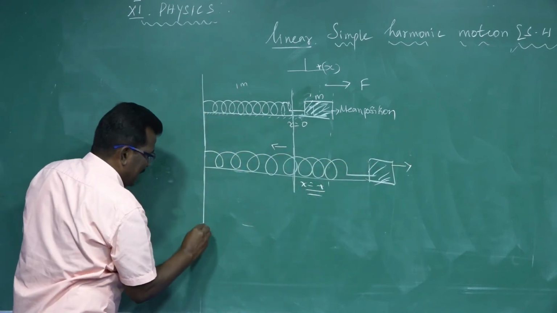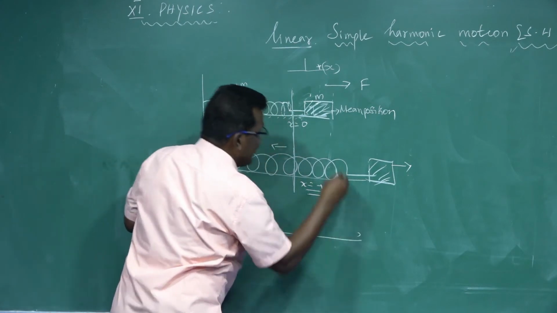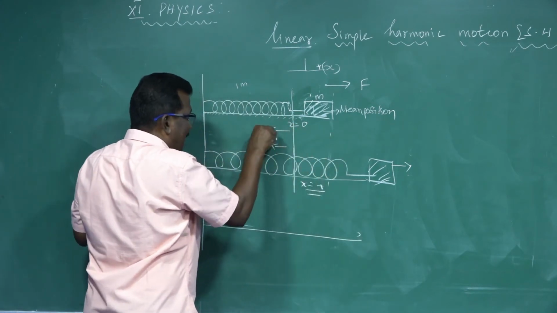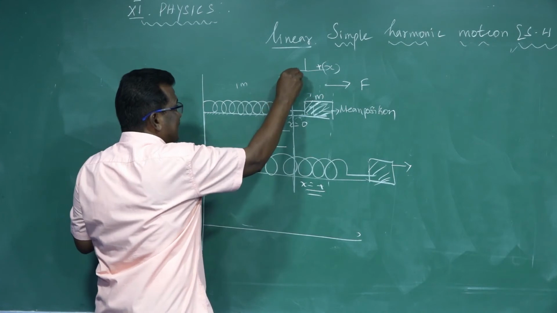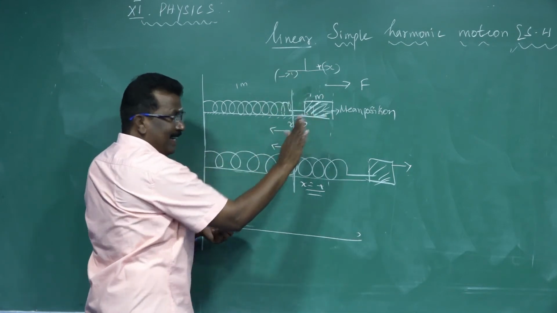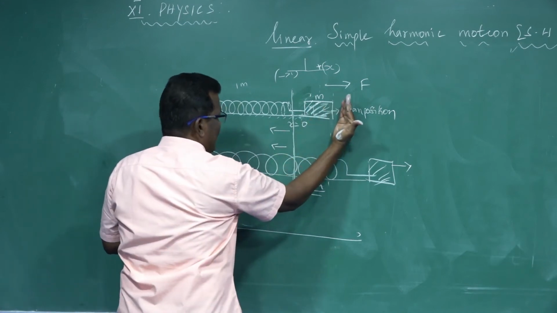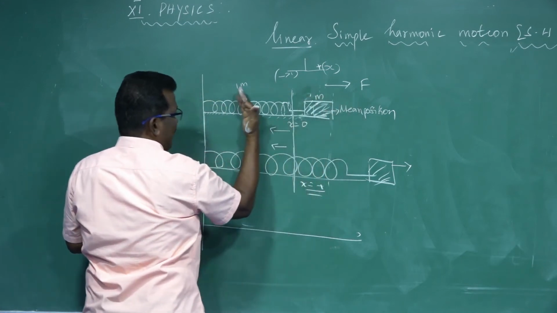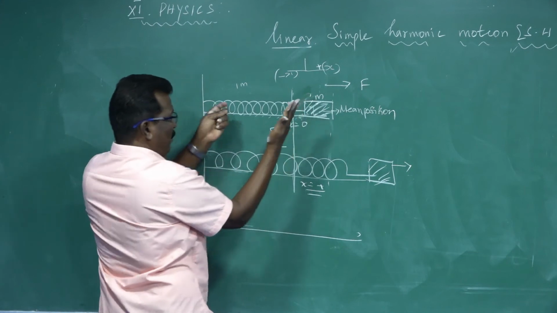Similarly, when the force acts in the opposite direction, along the negative x-axis, the spring compresses. It was extended; now the force is applied along the spring, so the spring compresses.